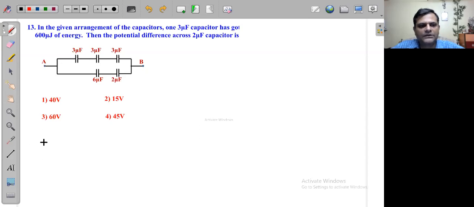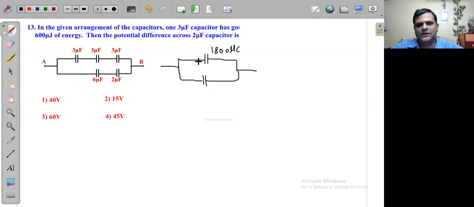So if we have these 3 capacitors combined together into a single one like this, and these two also combined together to form a single one, then 1800 microjoules of energy will be stored in this combination, and the capacitance of this combination will be 1 microfarad.